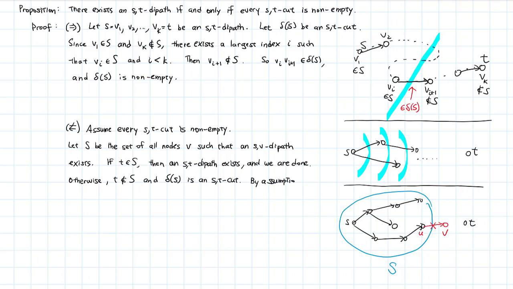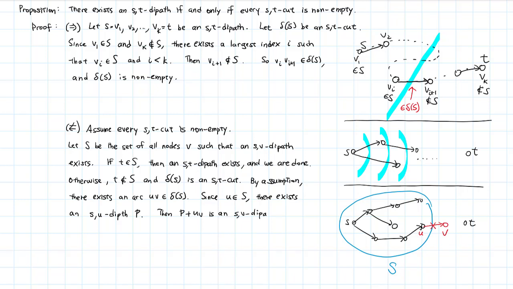So by assumption, there must exist an arc UV that is in delta of S, meaning U is in S and V is not in S. Now since U is in S, there must exist an SU dipath, let's call it P. Then P, along with the arc UV, is an SV dipath. Therefore, V must be in S. This contradicts the fact that V is actually not in S, and this completes the proof of our proposition.